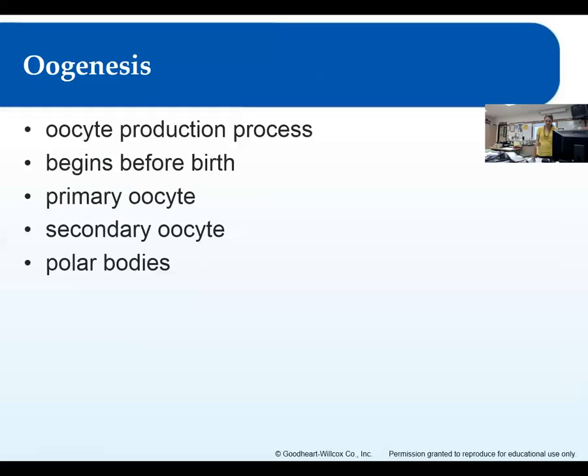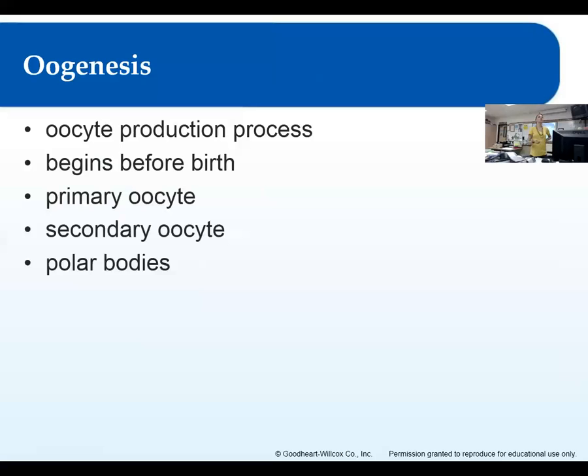Okay, so again, for females, this whole process begins before birth. You have all these primary oocytes that begin before birth of that female, and then it just halts and stops right there. They stay as immature oocytes in their immature follicles.